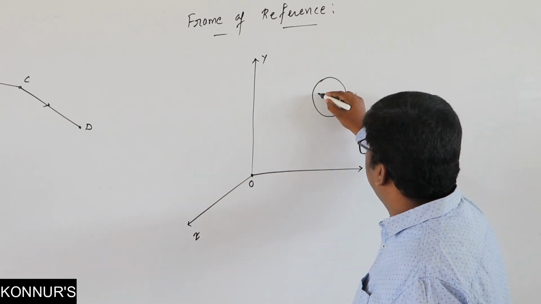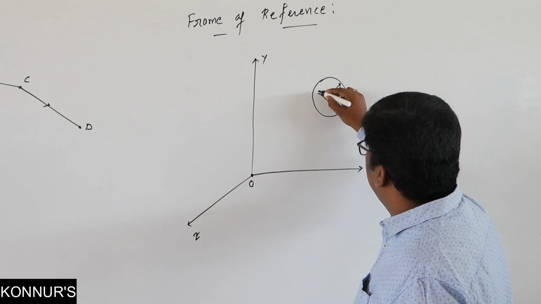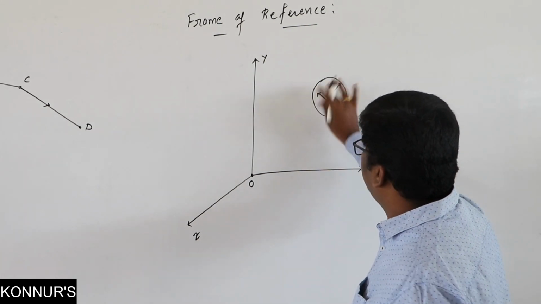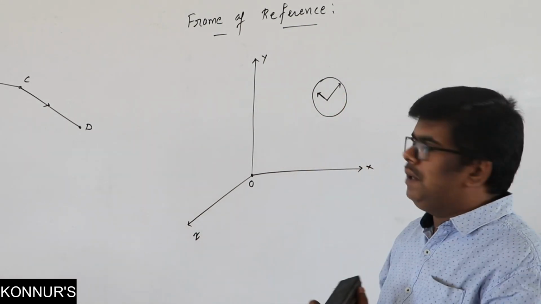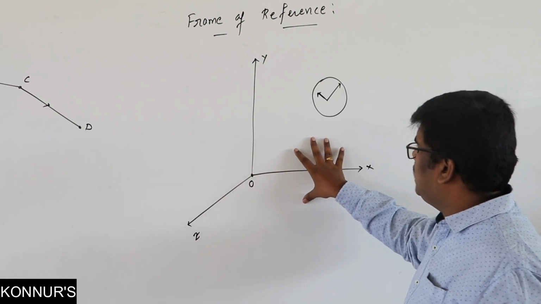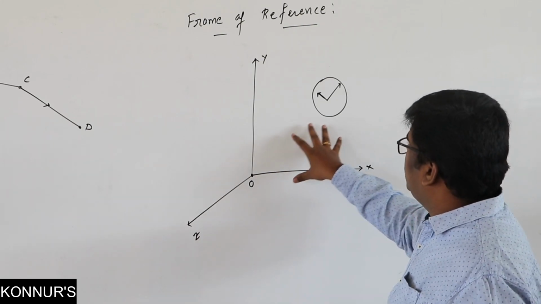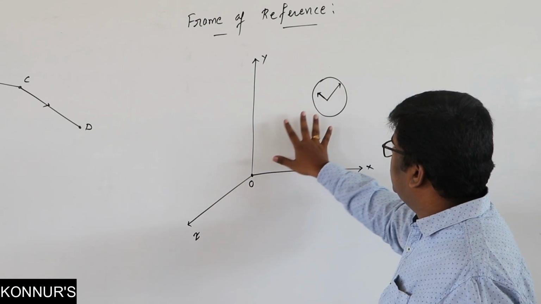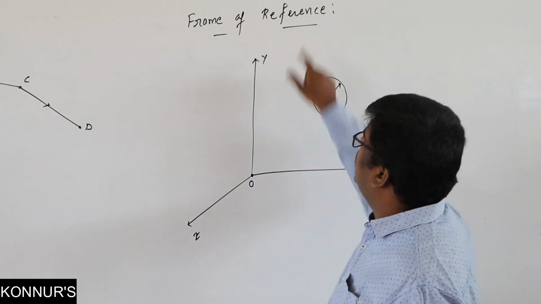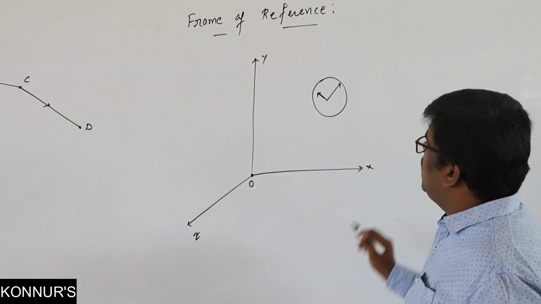If a clock is attached to the coordinate system, we can simply call it a reference frame. A reference frame is nothing but a coordinate system, and along with that coordinate system we have a clock. This we call a frame of reference.